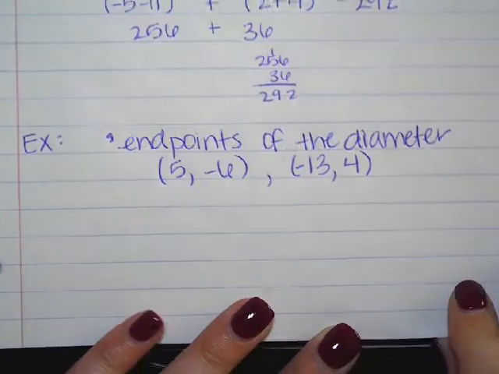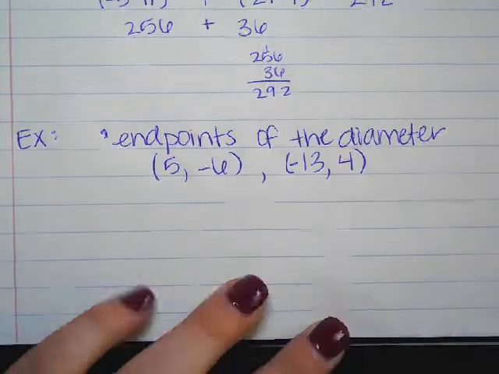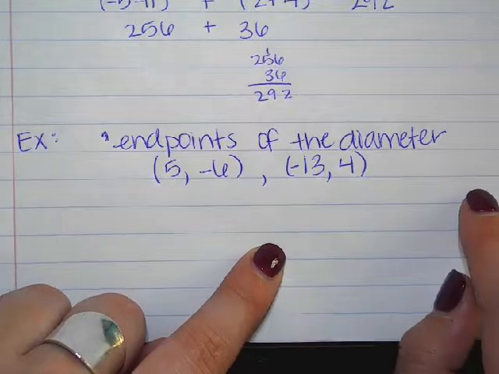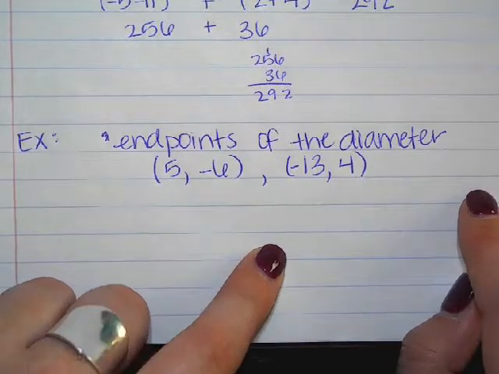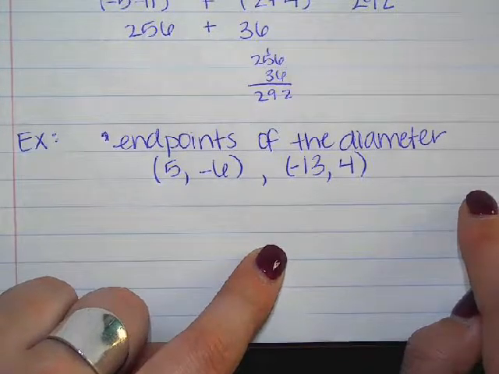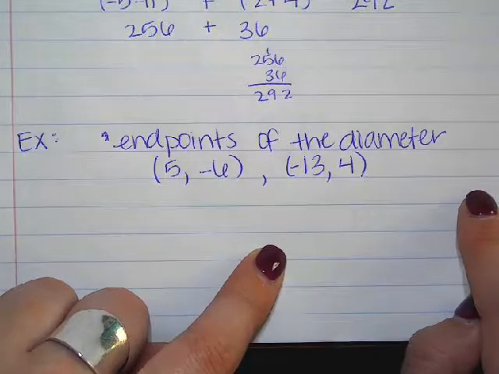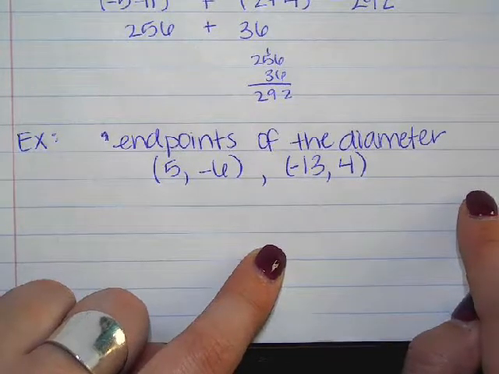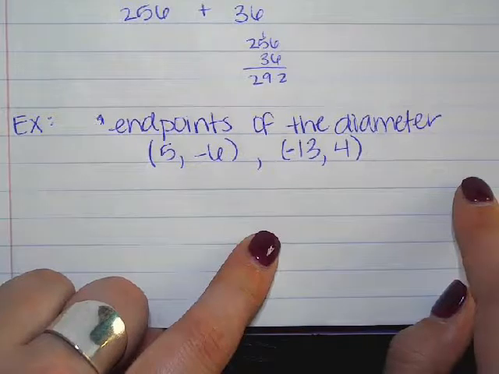Okay. So endpoints of the diameter is saying you have a point on one end of the circle and then a point directly across from it on the other end of the circle. And this is the first time we've done an example problem that did not give us the center, which means that the first thing that we want is the center. So this is the one where I said you have to find the middle of the points.